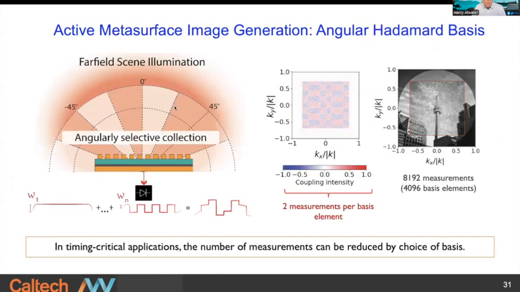So we collect a series of images, first, for example, the entire field of view, and then angularly selective collection over pre-programmed careful angular intervals to now produce measurements that look like the map in the middle of kx, ky intensity, and these can be computationally reconstructed to produce the image at the right.